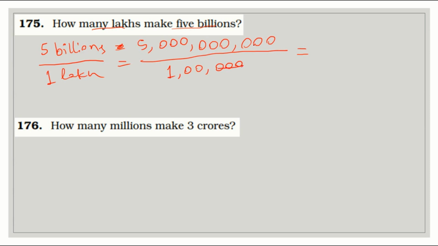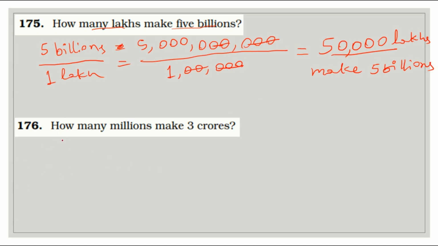Here these 3 zeros are cancelled, these 2 zeros are cancelled, and we are left with 5 followed by 4 zeros, which means 50,000 lakh make 5 billions. So this is how you can easily calculate.